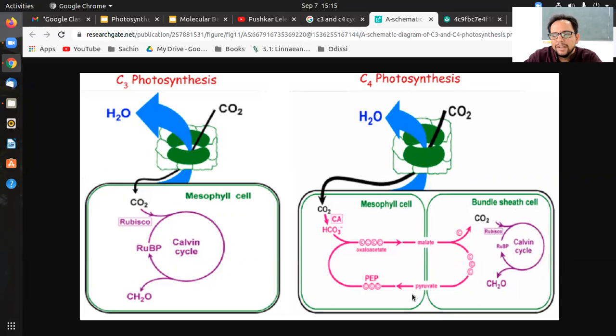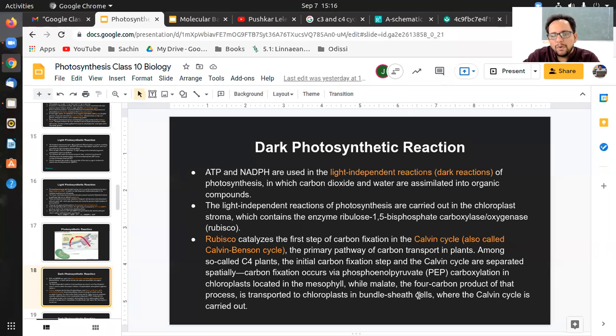And that is why this type of plants are called C4 plants. So in short, what you need to remember is C3 plants have a precursor, that is the in-between stage, which is a 3-carbon compound. C4 plants have an intermediate step before glucose formation, which is a 4-carbon compound. And these are oxaloacetate and malate. So that is what is a C4 plant.